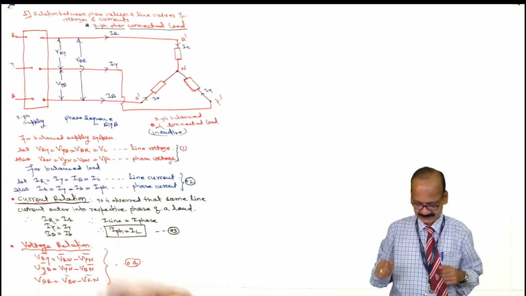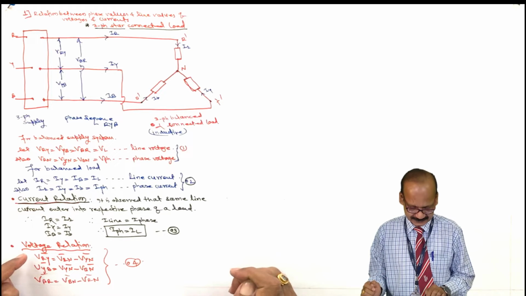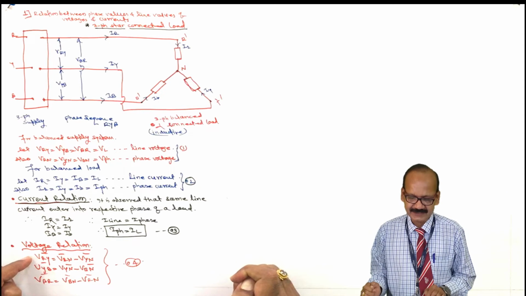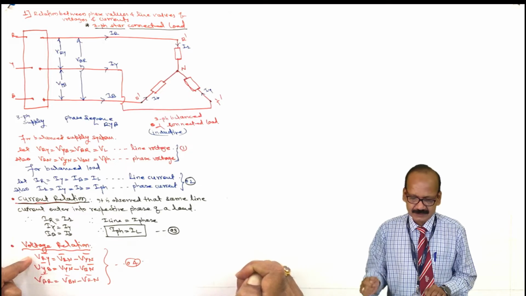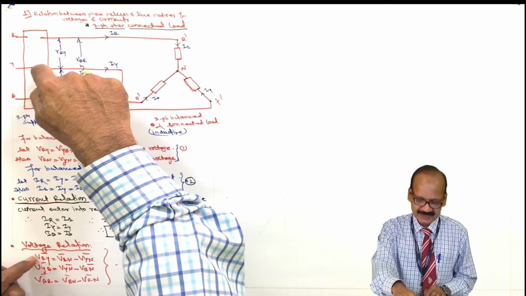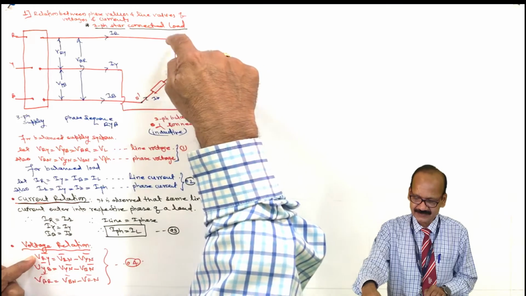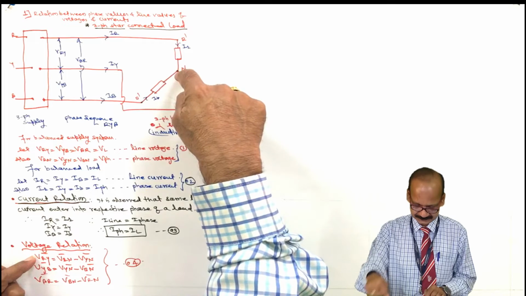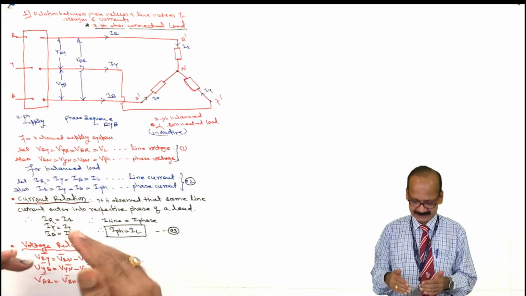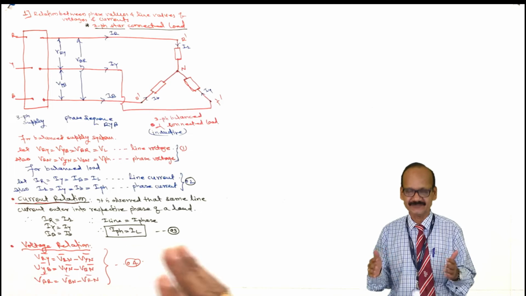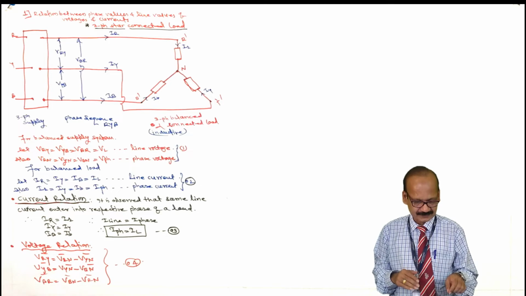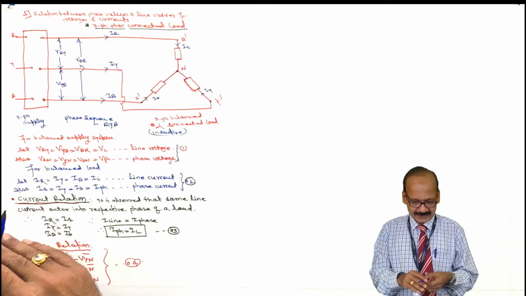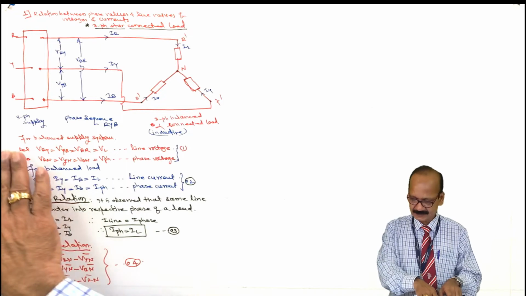Now from these relations, it indicates that if you apply Kirchhoff's voltage law, between say R and Y, VRY is nothing but VRN minus VYN, and similarly we can write like this, and therefore we will draw the phasor diagram from this.